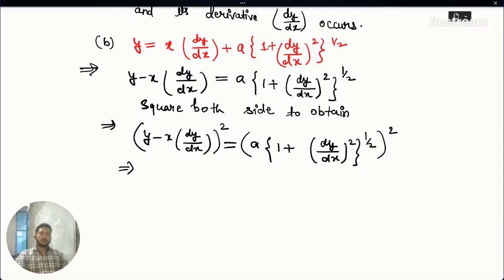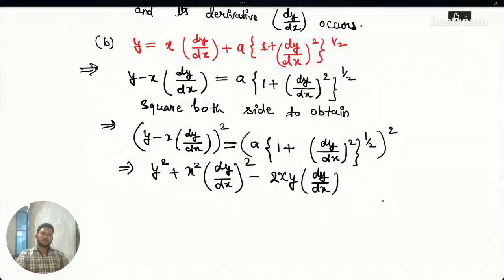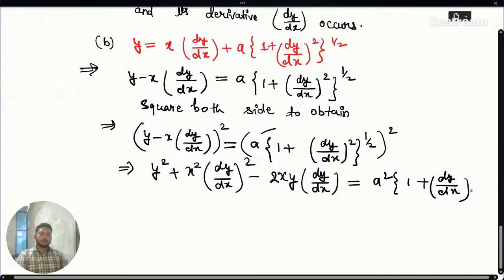Here is the formula for (a minus b) whole squared: y squared plus x squared (dy upon dx)^2 minus 2ab, which means minus 2xy dy upon dx, is equal to a squared times (1 plus (dy upon dx)^2). Then these cancel out, and only the (dy upon dx)^2 terms remain on the right.